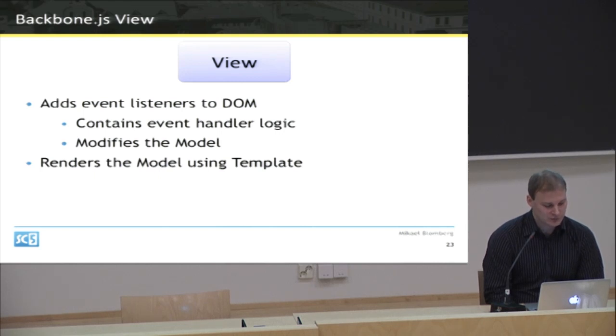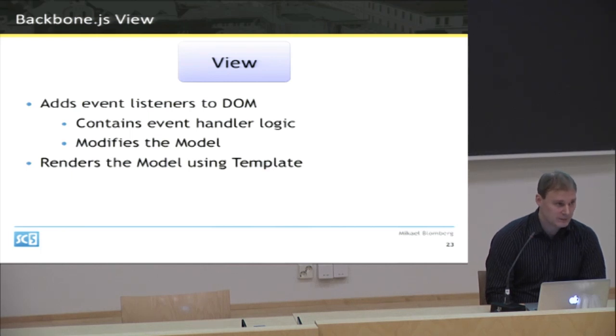The view is responsible for adding event listeners to the DOM. So this is the thing that is controlling the user interface. It contains the logic, and it modifies the model based on user interaction.